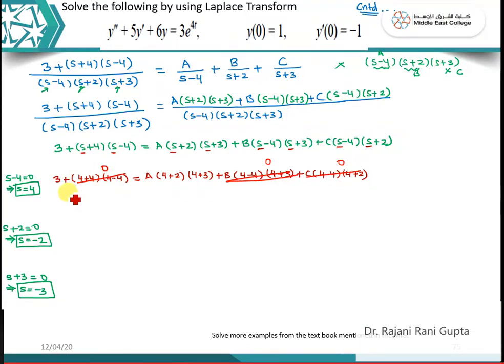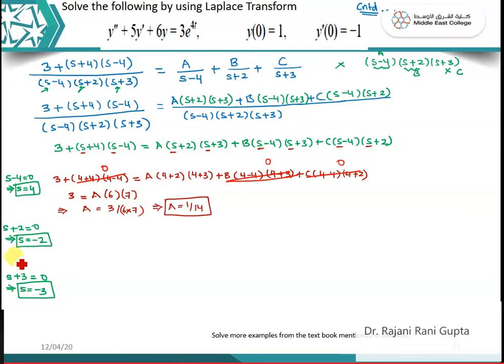So this gives you a times, 4 plus 2 is 6, 4 plus 3 is 7. So when you simplify it, this gives you a equal 3 over 6 times 7, which is a is equal to 1 over 14.